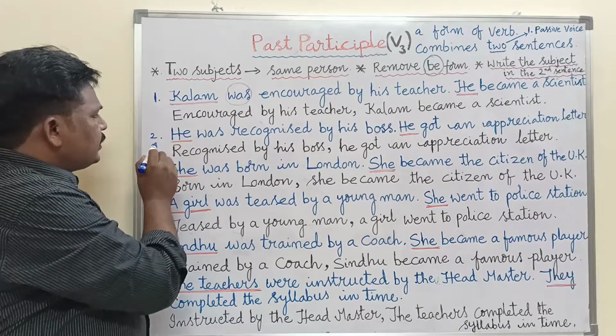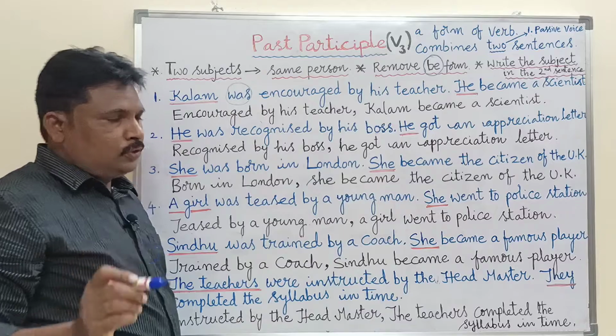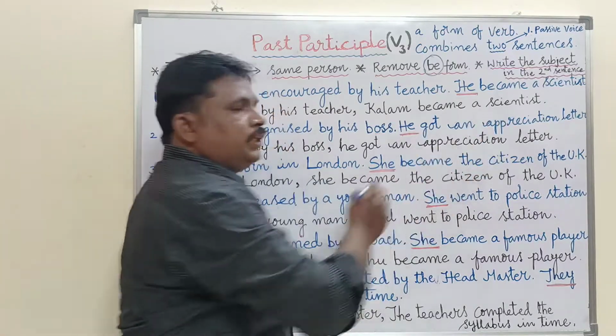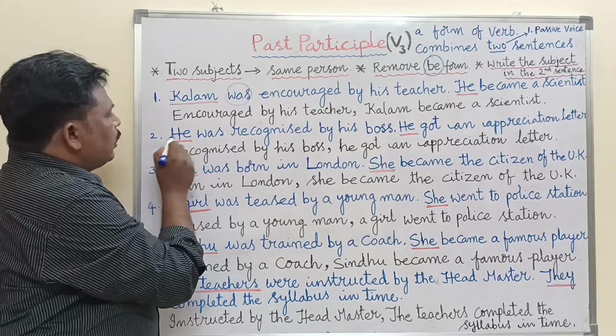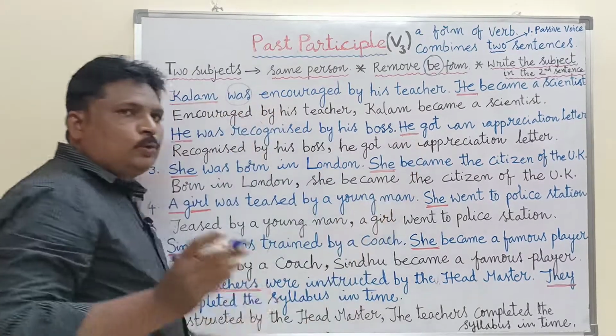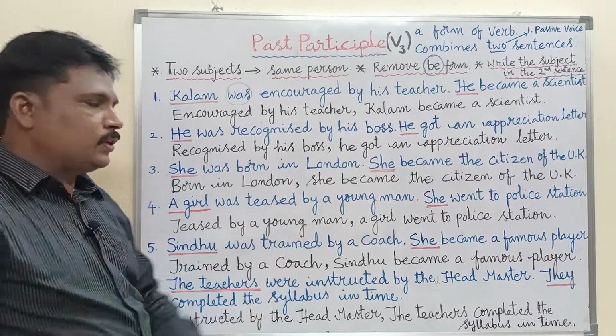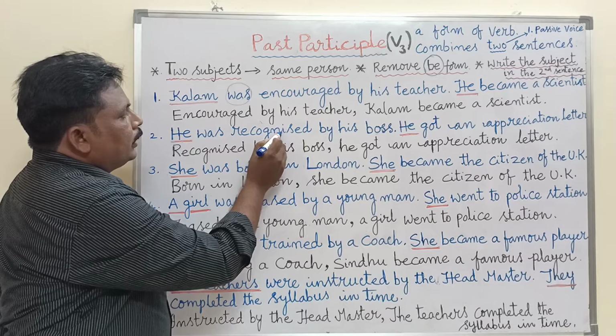And the second example: He was recognized by his boss. Full stop. He got an appreciation letter. Full stop. So in the second example, the subject is he here, and here the subject is he. Two subjects refer to the same person. So again we begin the answer with V3 of recognized.